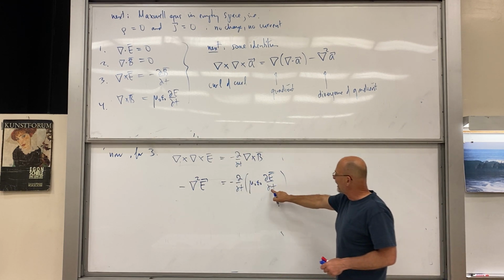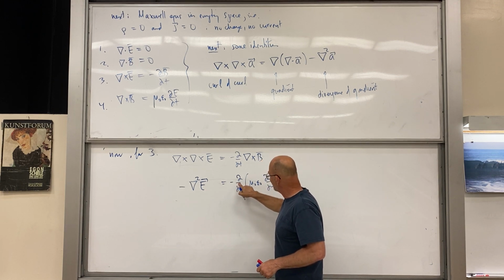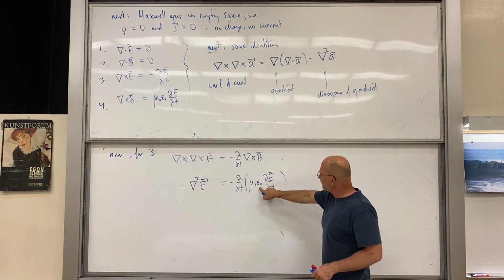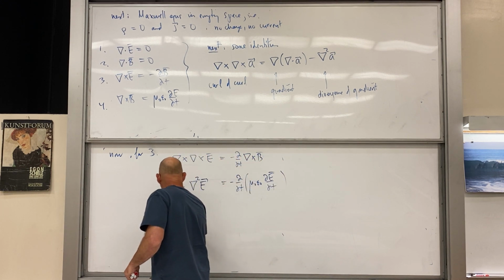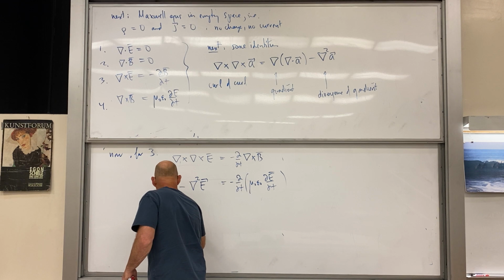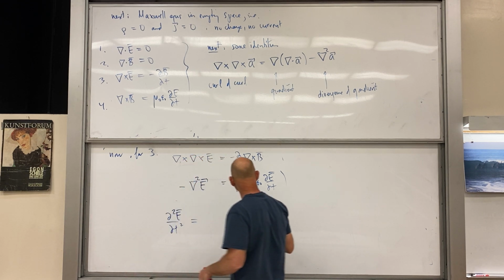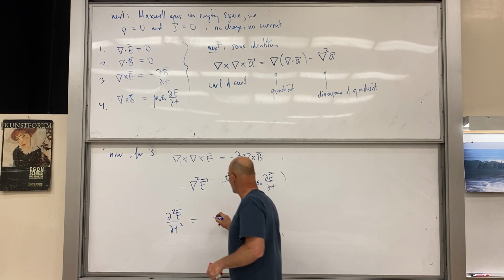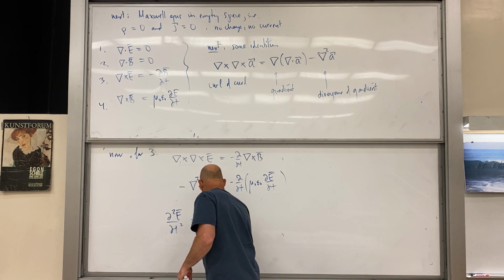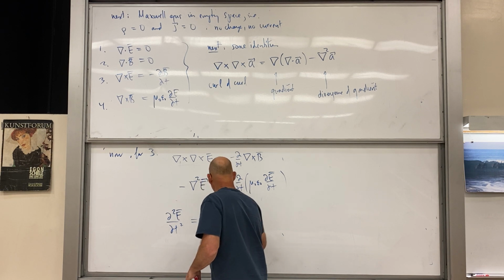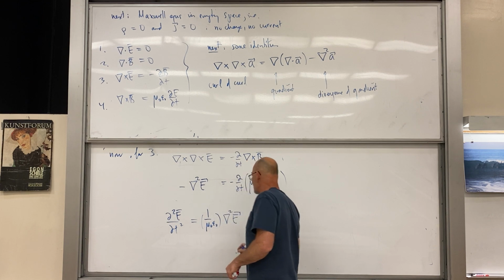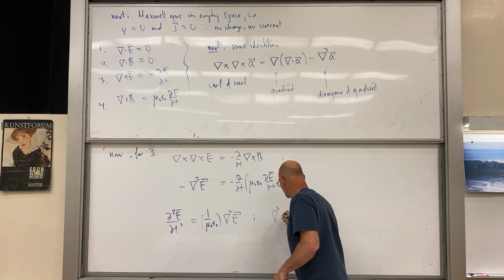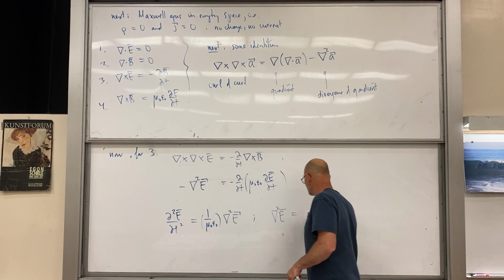Okay. And let's go ahead and see what we have here. We have minus sign canceling. We have this mu naught epsilon naught. I'm going to write things this way. d squared E dt squared is equal to, I'll divide over here, 1 over mu naught epsilon naught times this del squared E. And by the way, this del squared, let's write it out explicitly.